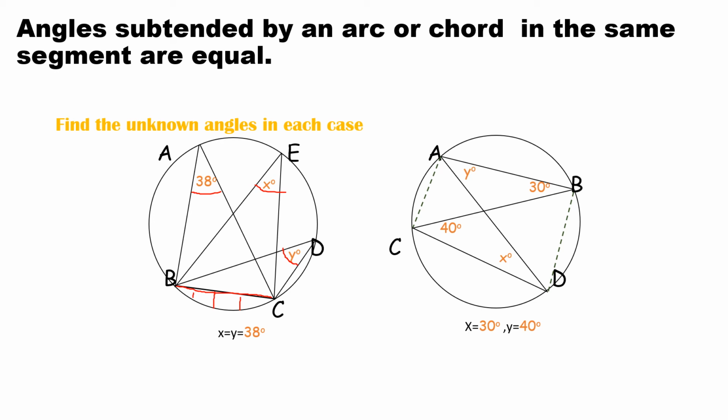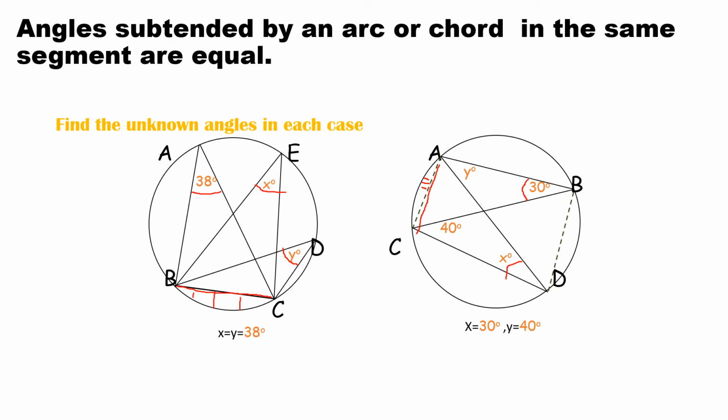Let us understand the second example. If you observe the chord AC, the area below this chord will be your major segment. So that means the angles which are formed by this chord in the other segment, that is x and B, will be the same, that is 30 degrees.